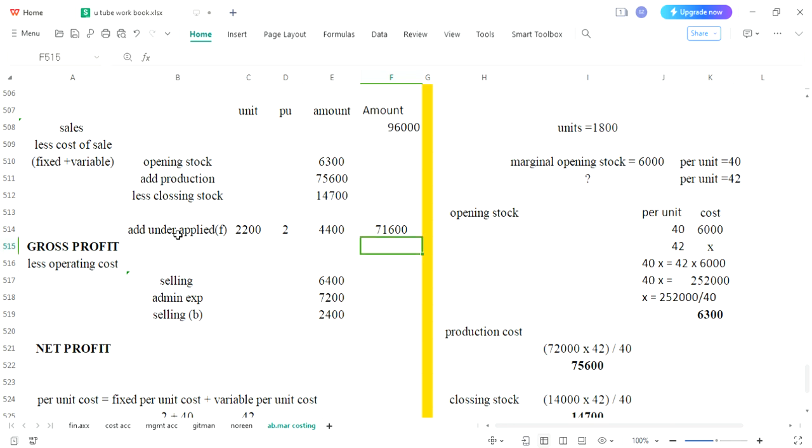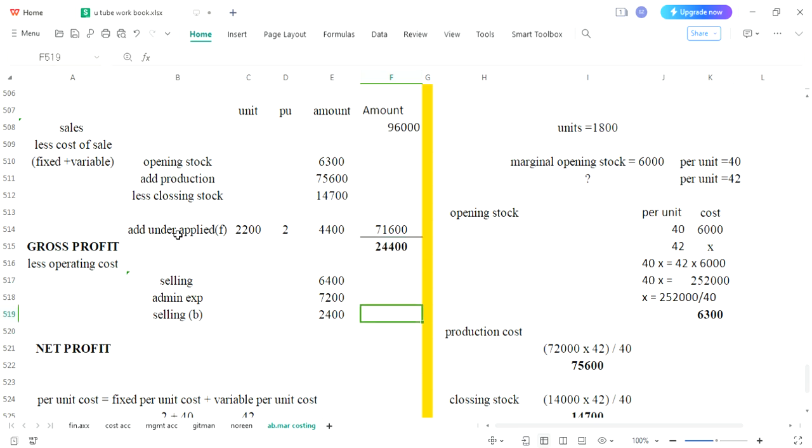This way our cost has been completed. This is our total cost. Now we can calculate gross profit, which is the difference between cost of sales and sales. Amount of sale is 96,000 and you will subtract your cost, which is 71,600. So this way gross profit has been calculated.